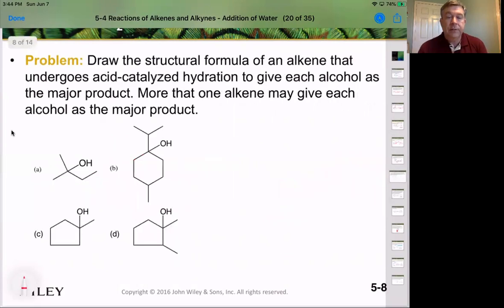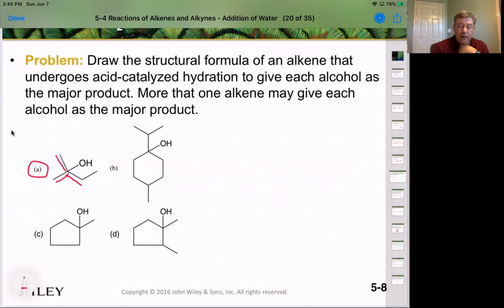Okay, so let's use that rule and figure out what the starting materials must have been from each of these. For number 1 here, if we had our double bond here, that could possibly make that product, or our double bond could have been here or here.